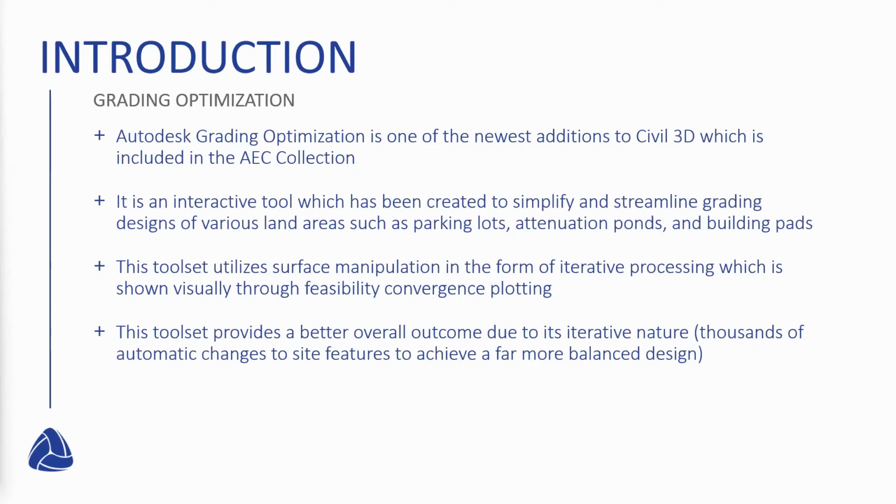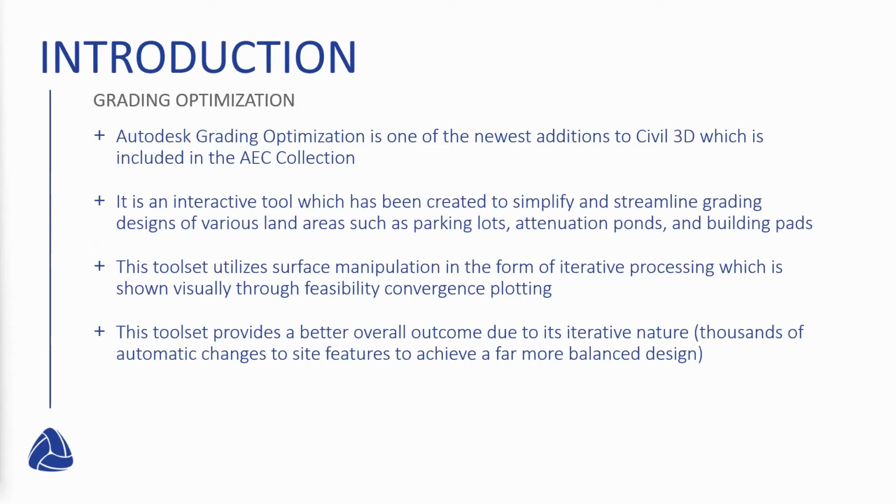That means that it uses step processing, going through a multitude of different steps. It can go into the tens of thousands of different iterations to find the best fitting design for your site. This design is then shown through something called feasibility convergence plotting. I will be showing a little bit of what that looks like, the type of output that you get from that.